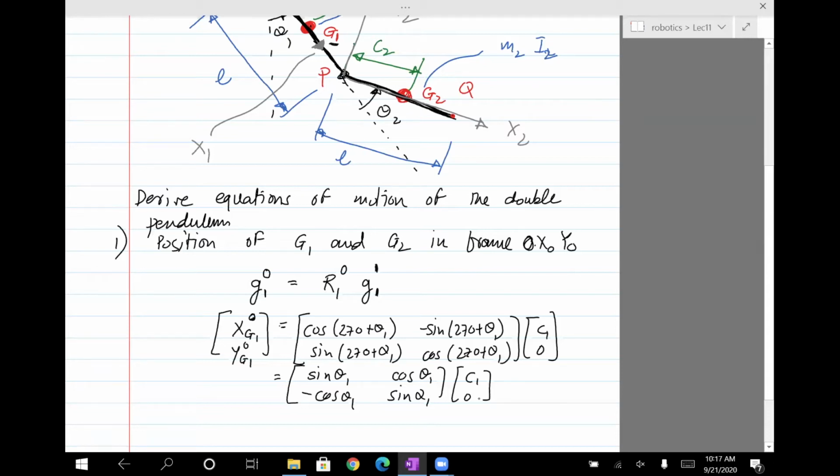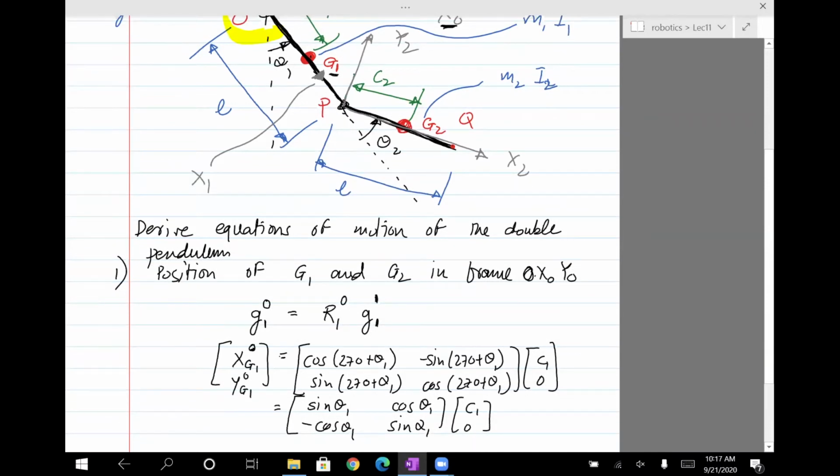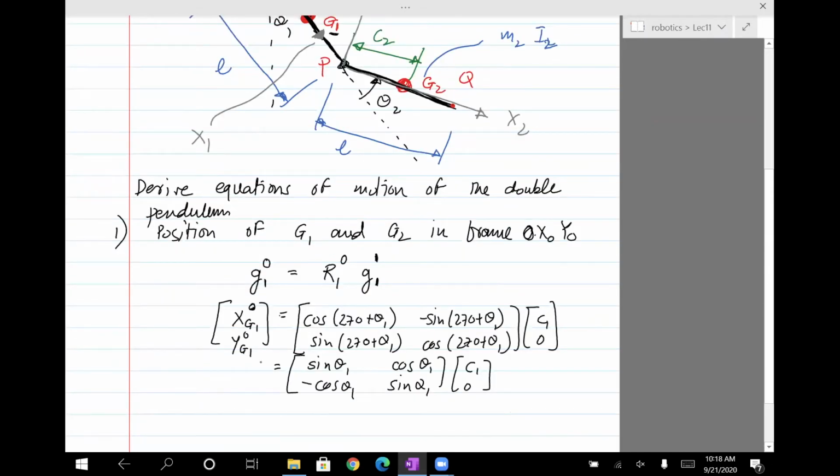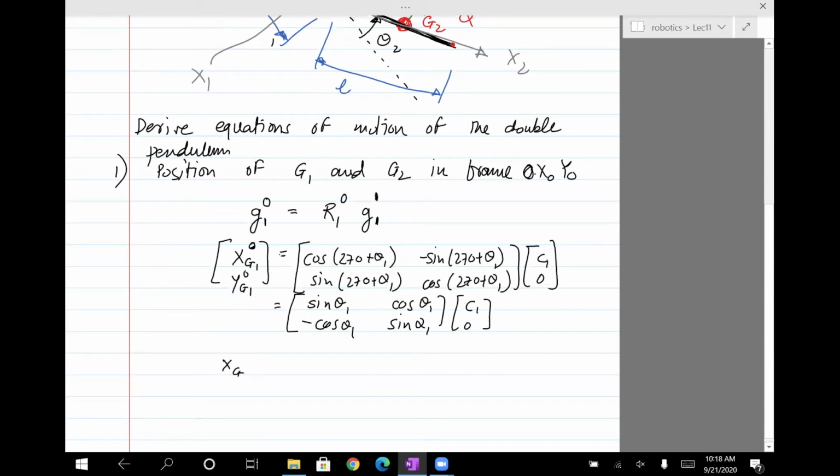Okay, somebody asked, is the angle 90 twice? No, it's 3 times, because we have 90, 90, 90, and then theta 1. Okay, so it's 270. xG1, yG1 in frame 0. And so I'm going to just simplify this now. If you do the math, it comes out to be C1 sine theta 1, negative C1 cosine theta 1.